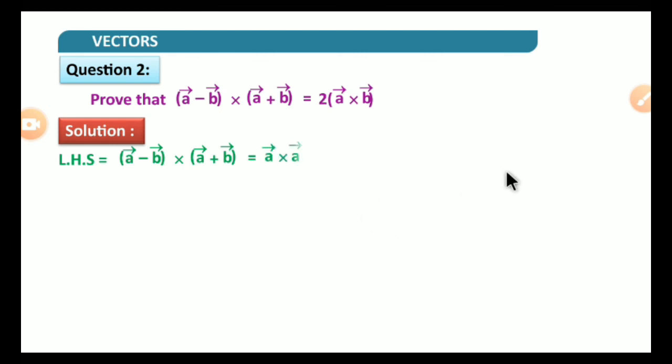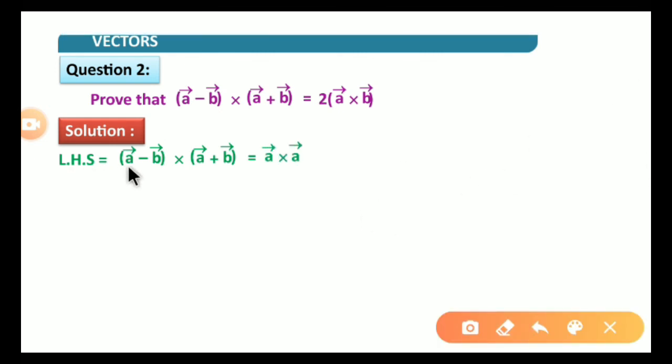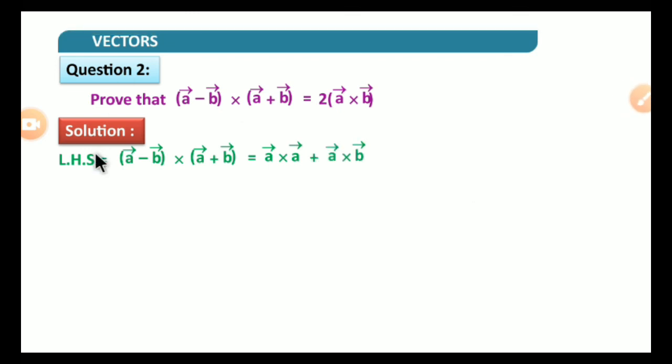Therefore, this will be equal to, here we have to multiply like this: first term, second term, similarly second term, first term and second term. So here we can multiply A cross A and plus A cross B and next minus B cross A and minus into plus means again it is minus B cross B.